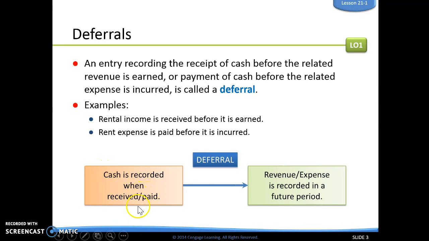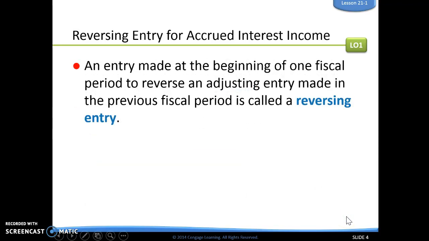So cash is recorded when received or paid. With a deferral, revenue or expense is recorded in a future period. And a reversing entry is an entry that's made at the beginning of one fiscal period to reverse an adjusting entry made in the previous fiscal period.